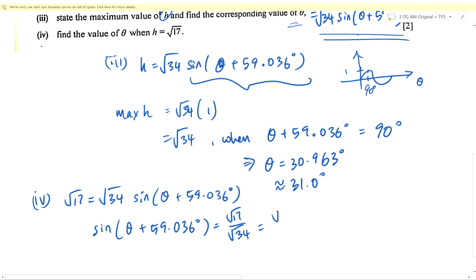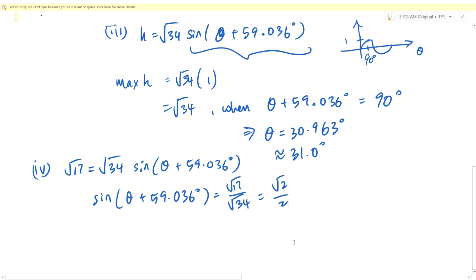You have to recognize that this is root 2 over 2, and this will result in a special angle. So theta plus 59.036, we have 45 degrees. In the first quadrant or second quadrant, 180 minus 45 degrees. So continue solving and get the answer.